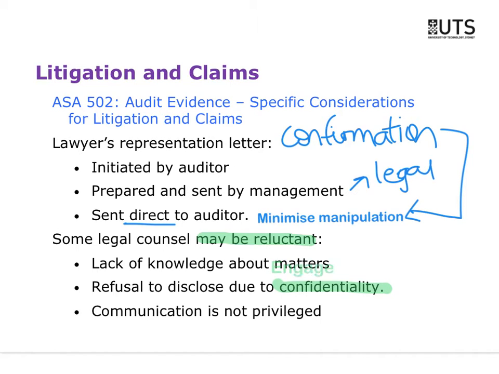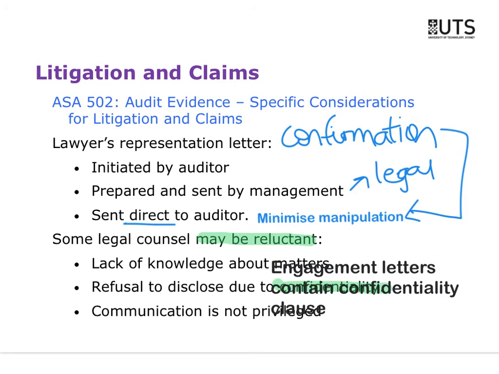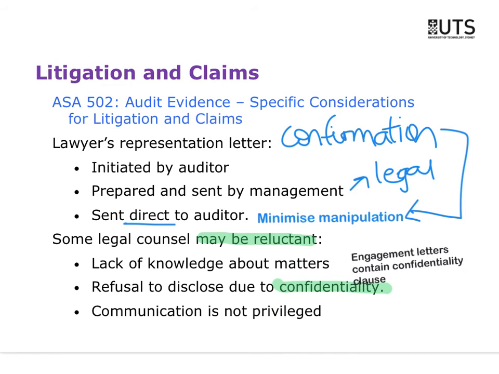So engagement letters contain a confidentiality clause, all right, in which we will not make disclosures without the client's permission or under instruction by the court, okay? And that's where the last one comes in.